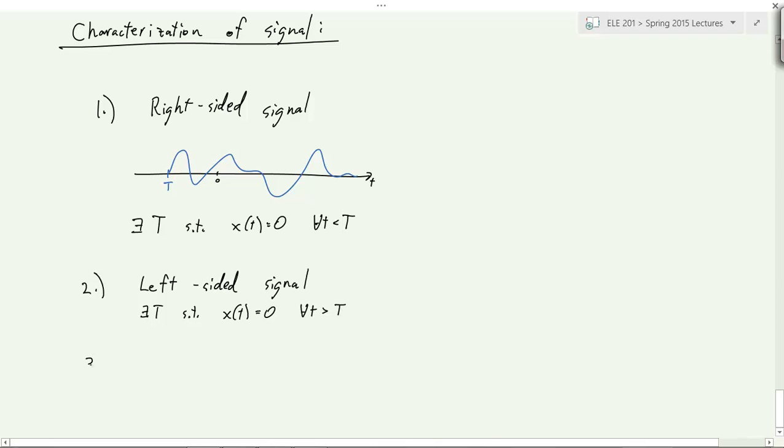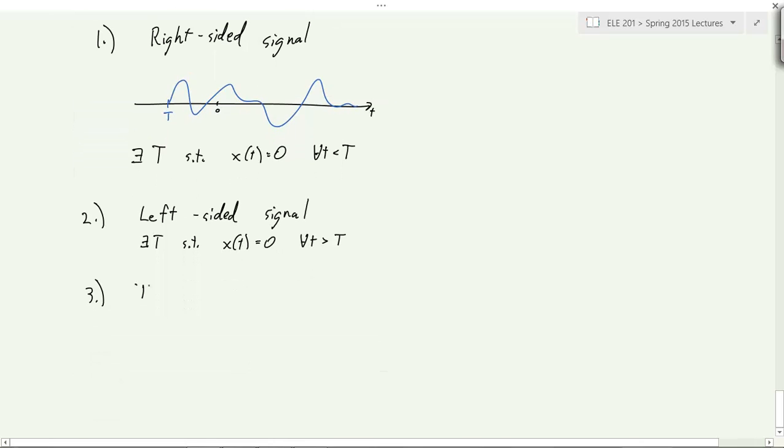Now, two-sided means... an example of this would be sinc. Sinc is one example. Of course, you can come up with tons of examples. What does it actually mean? It means that it's neither right-sided nor left-sided.